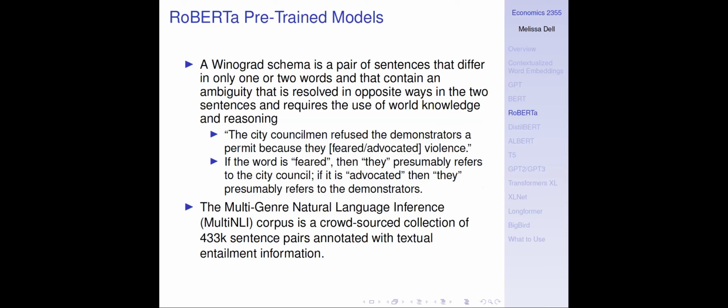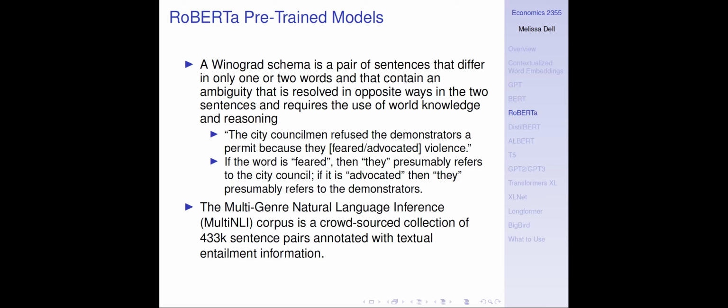An example from their website is: the city councilman refused the demonstrators a permit because they, and then the two sentences differed by saying feared or advocated violence. If they feared violence, they refers to the city councilman, but if they advocated violence, they refers to the demonstrators. This is a really challenging benchmark, a pretty hard thing for a computer to learn.